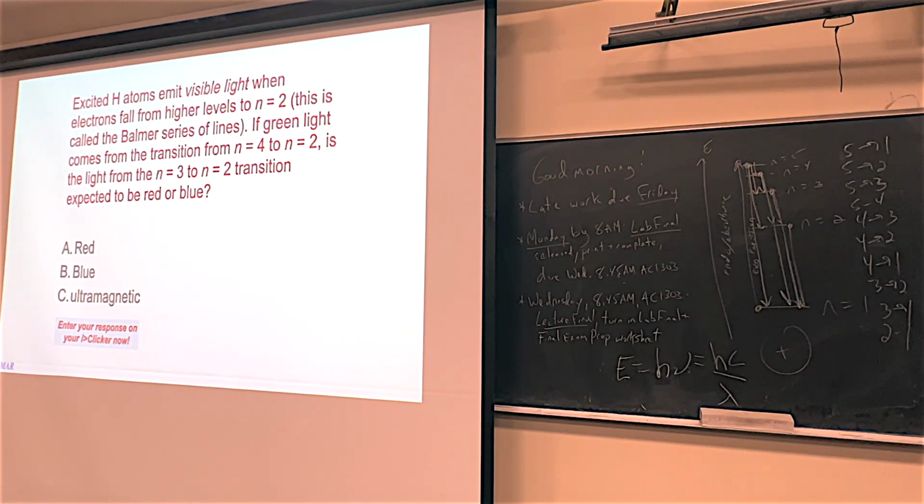It won't be ultraviolet. However, I do want you to think about all the things we've just talked about. What it's saying is that 4 to 2, this gap, is going to be green. So for 3 to 2, I would start thinking about energy, how it applies, and then see if you can use that energy relative to 4 to 2 to think if it's going to be red or blue. We'll talk about this in just a second.